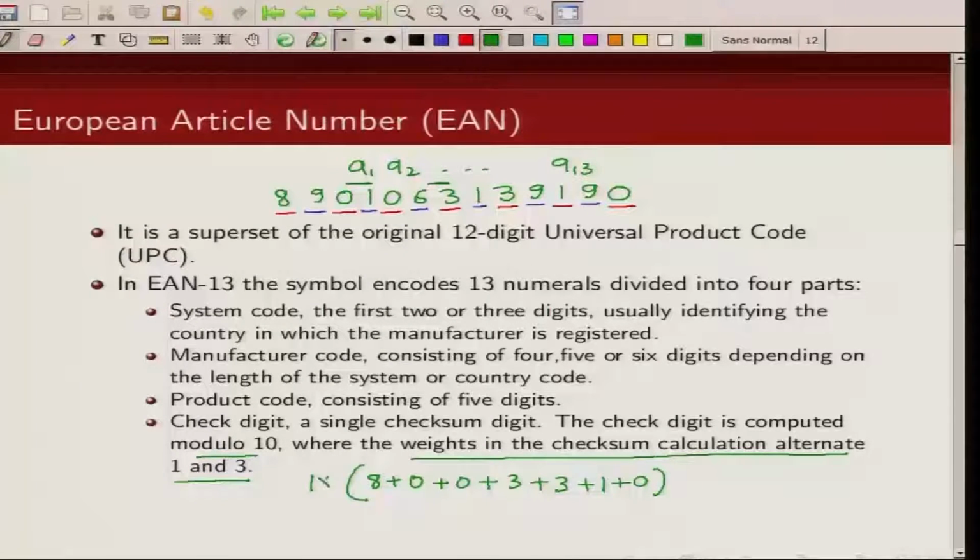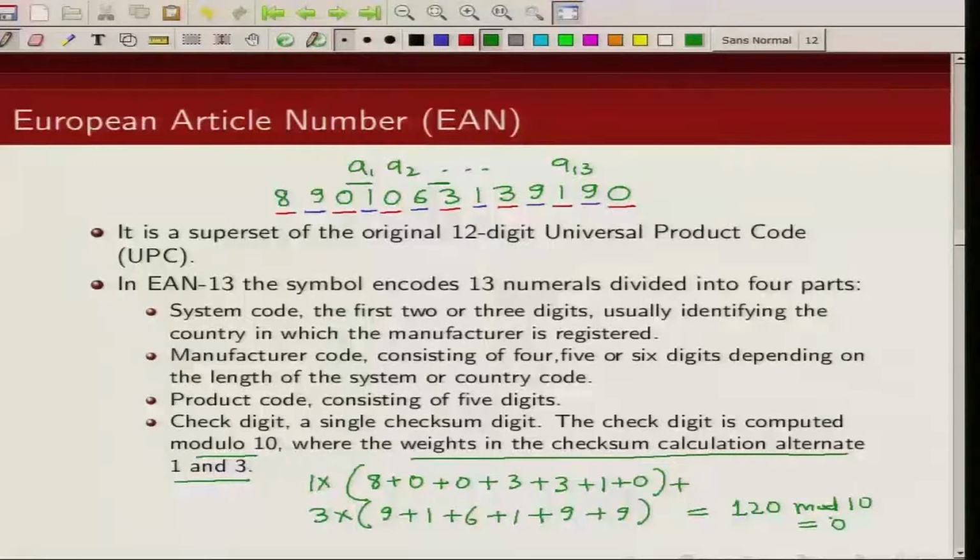And this will be multiplied by 1, plus 3 times the numbers in the even location, that is 9 plus 1 plus 6 plus 1 plus 9 plus 9, and this comes out to be 120, and 120 mod 10 is 0. So, you can see that the checksum bit is correct.